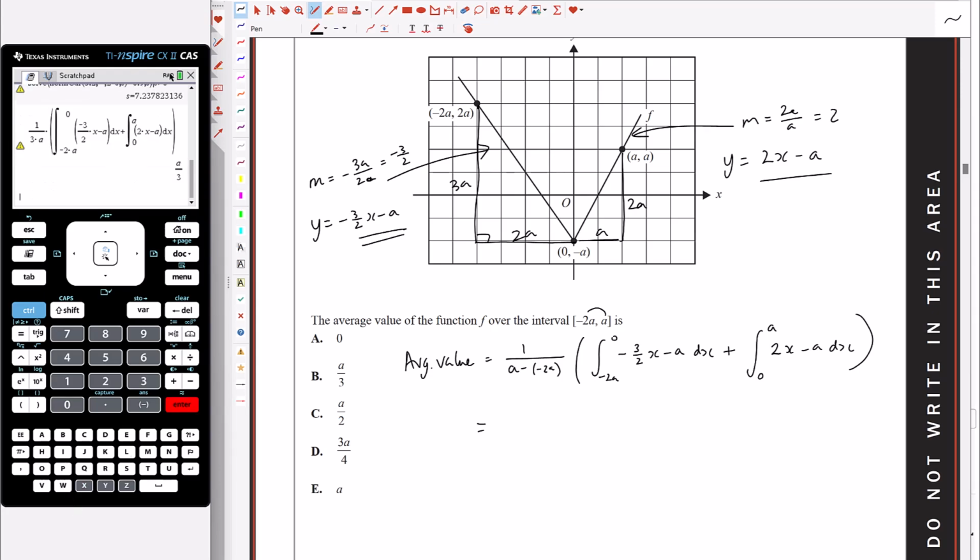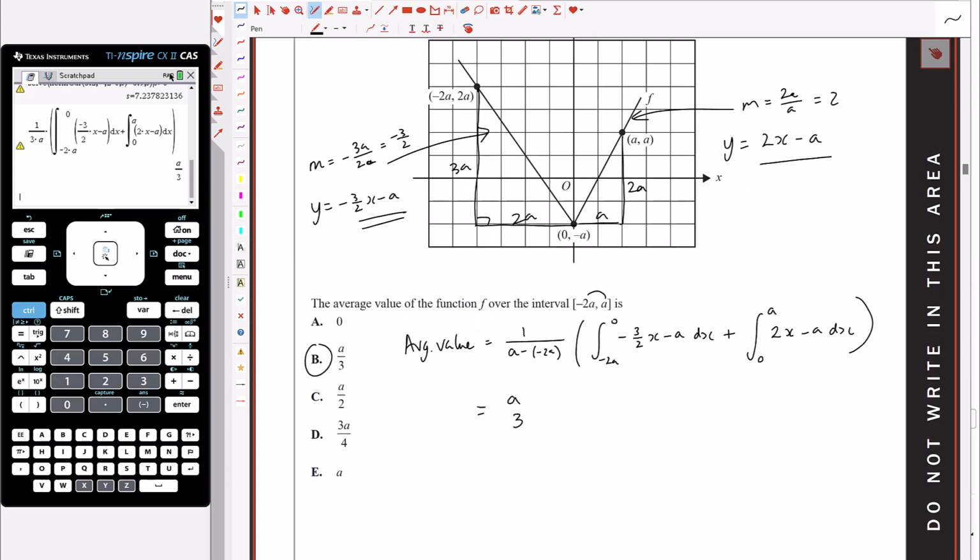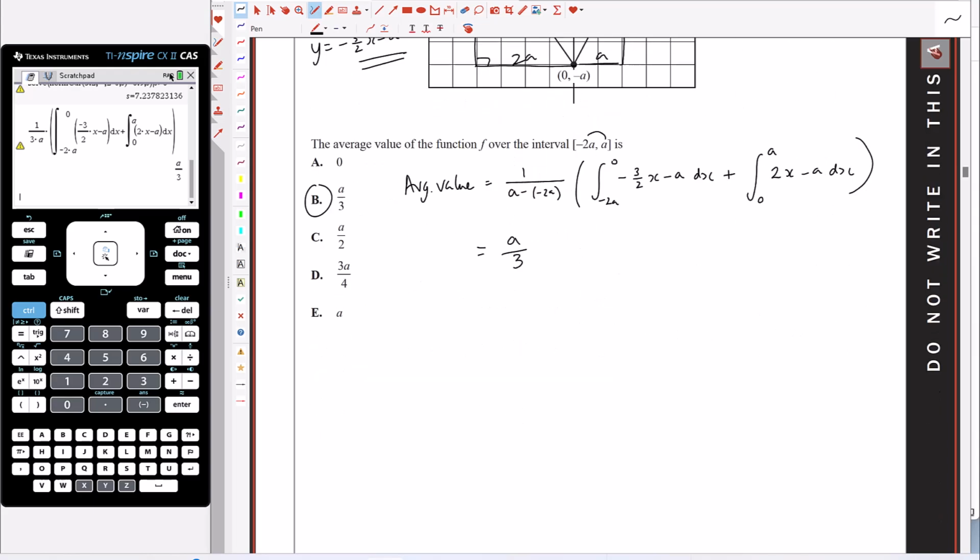And that gives us a on 3, which is B. So question 15, option B. Okay, sorry, that was an a on 3 there.